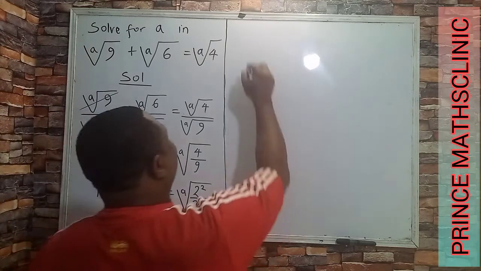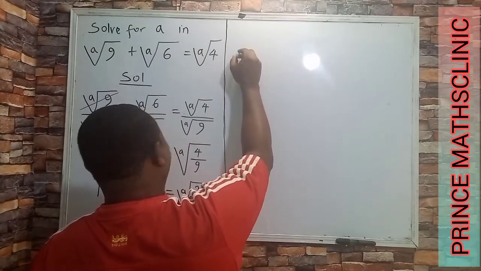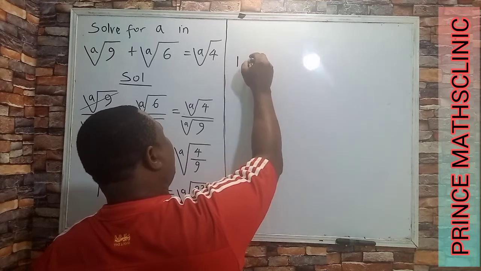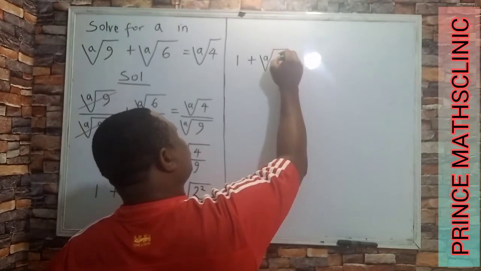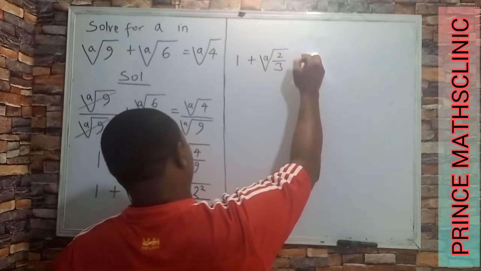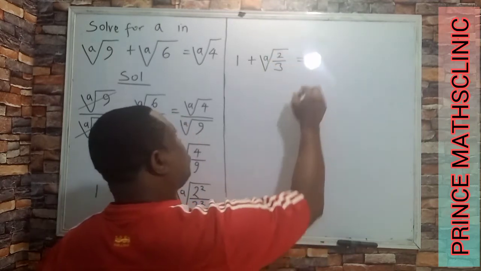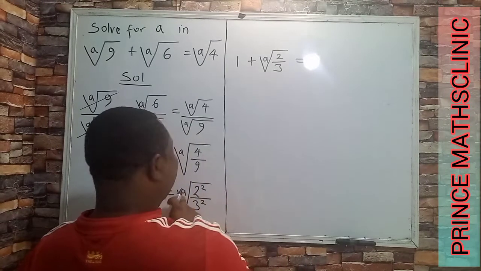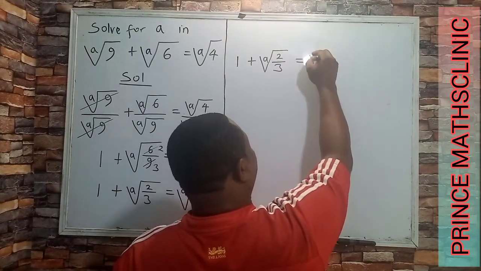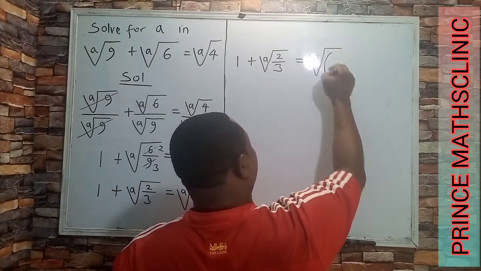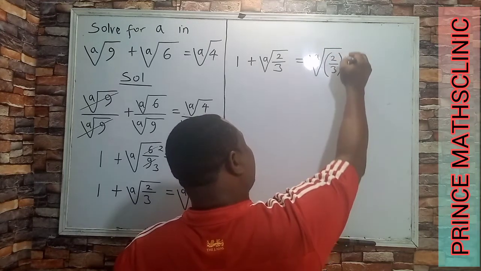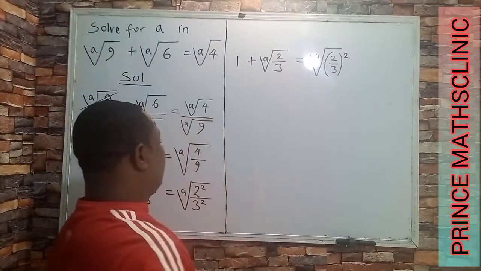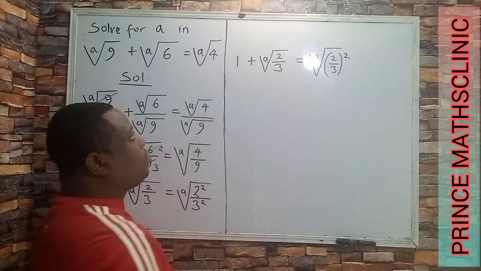So now, going forward, I can put 1 plus the a root of 2 over 3 equal to, now I want to rewrite this in a way that is still the same thing. So this is what? 2 over 3, then square it because both of them are squared.